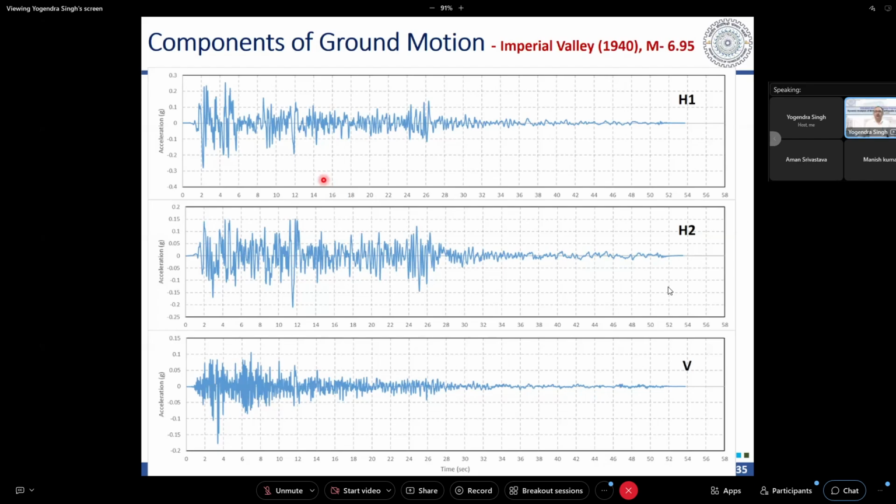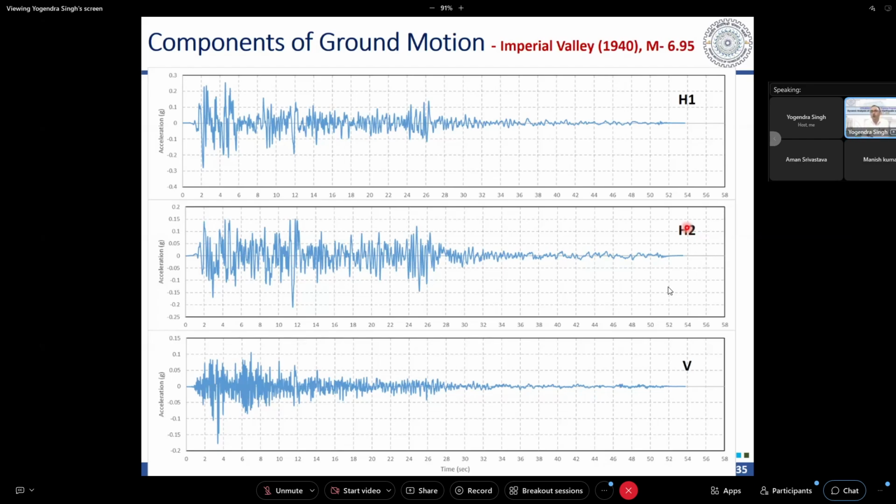So if we look at the different components of the ground motion, this is the same earthquake, but three components, two horizontal and one vertical. The horizontal components are those along which our instrument is oriented. Actually, during an earthquake, the ground motion is changing randomly in different directions. It is not about any fixed direction.